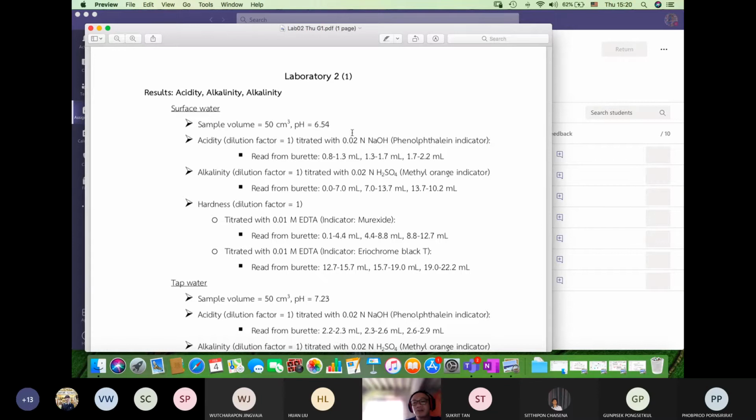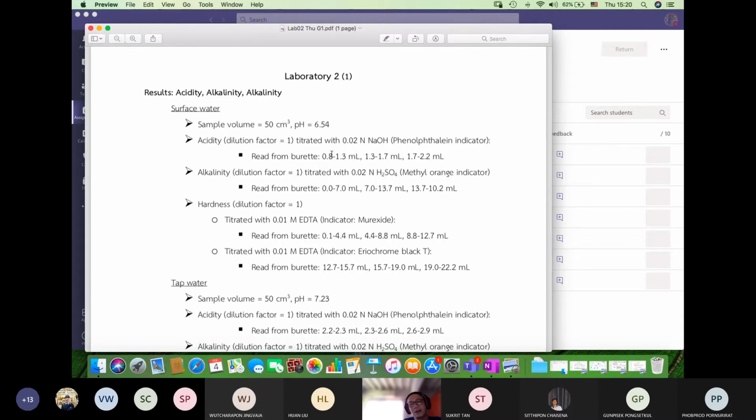If you want to know the volume of titrant used, you take the end reading subtracted by the start reading. So this one subtracted by this one is 0.5. So 0.5 mL is used to react with the contaminants in the water sample.